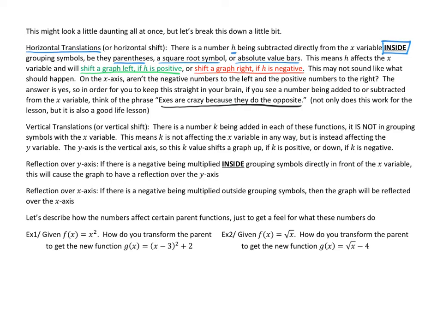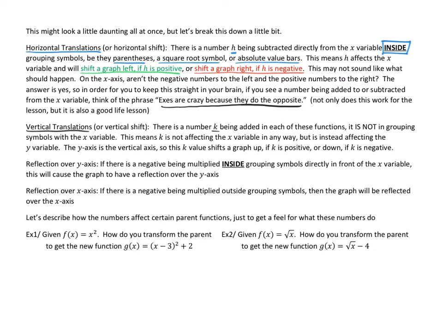Vertical translations. If you go back and look at that table, for the vertical translations, there's a number k being added in each of those functions. But you'll notice, unlike the h up here in the first part, which was inside grouping symbols, in parentheses with x, all of the k values are just being tacked on at the back.